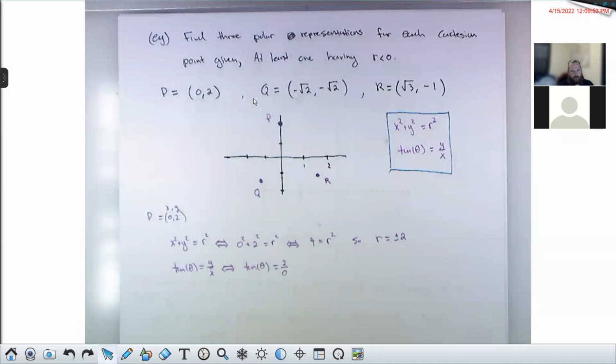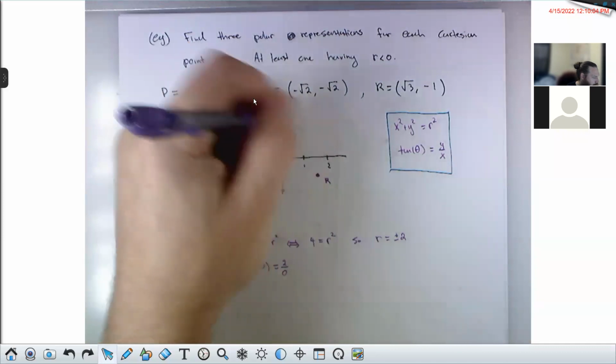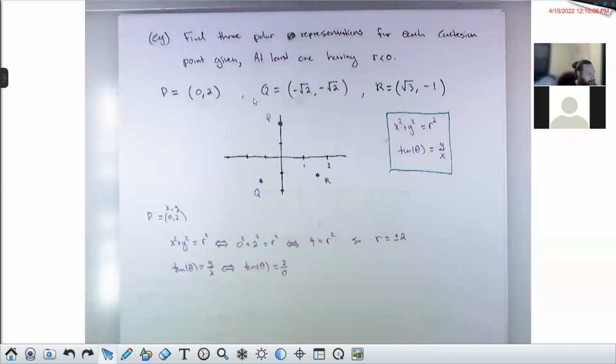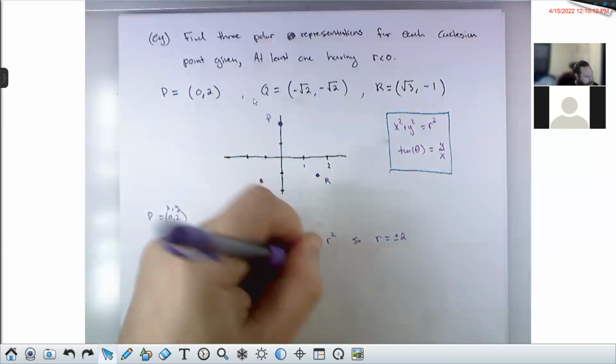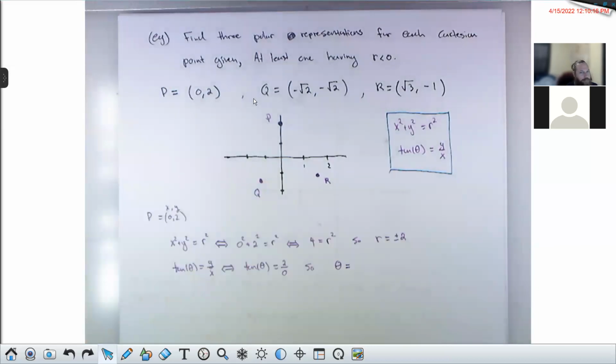Dividing by 0 there, that's strange. But we know that tangent is sometimes undefined. What is the angle here for the point P? What are some theta values I could use?